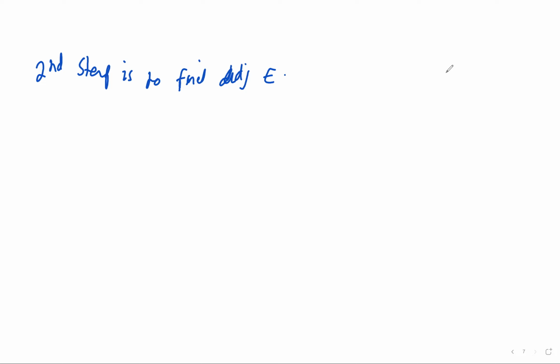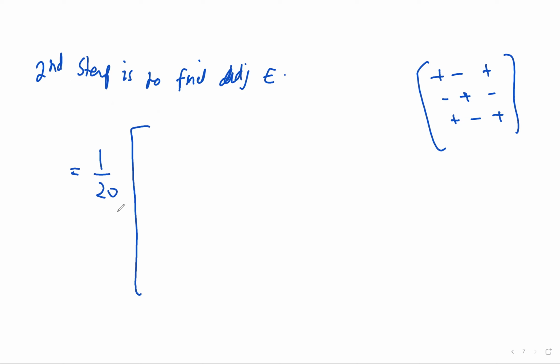Now what I wrote here is plus, minus, plus, minus, plus, minus, plus, minus, plus. This becomes very handy. So we write 1/20, and this is the calculation of the adjugate.